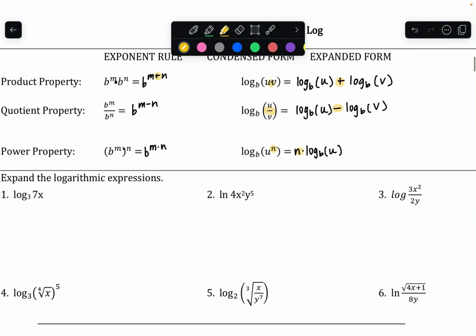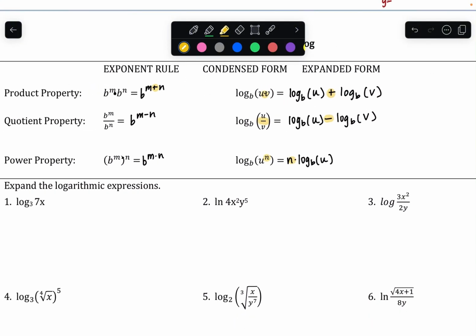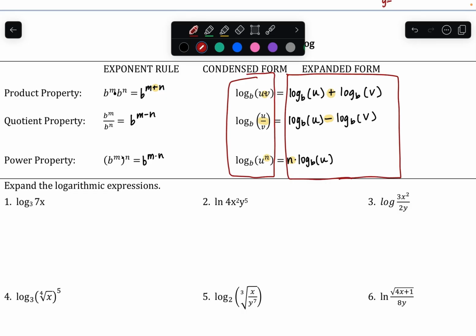For now, you just need to memorize these three properties, because that's how we are going to go from our condensed form, which means you only have one log and everything is inside, to our expanded form, where we have multiple logs and only one argument per log.